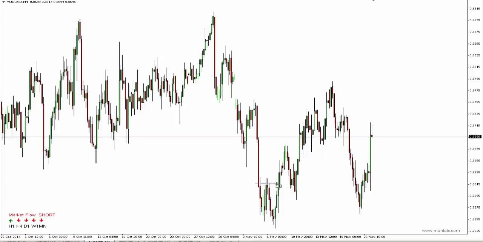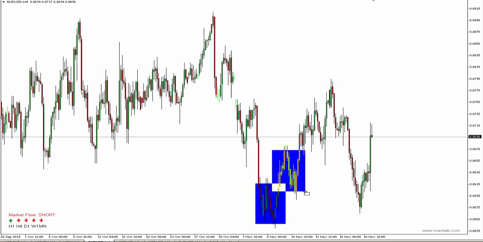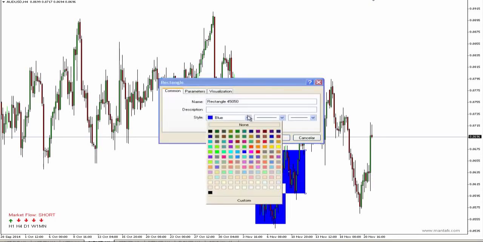As you guys can see, there was this consolidation right over here, then this other consolidation right over here. As you can see, price revisited the original consolidation. Let me just make this a different color, perhaps.